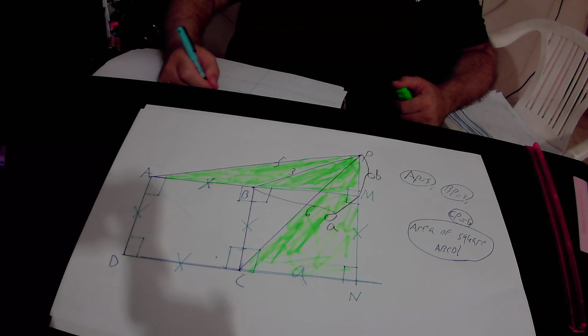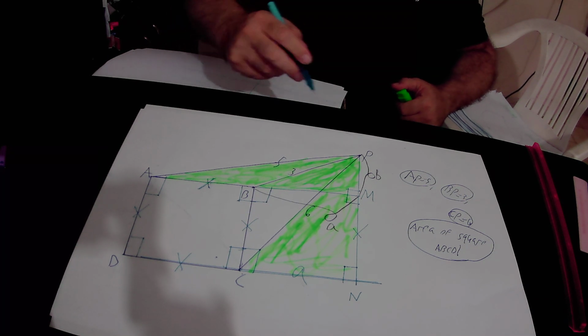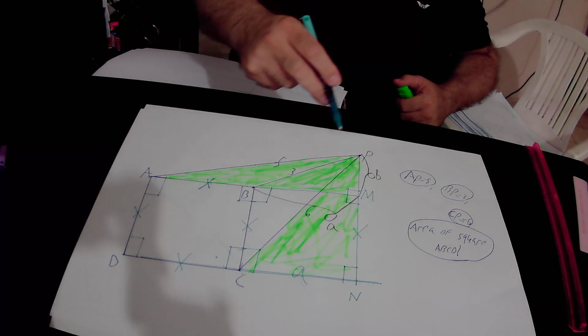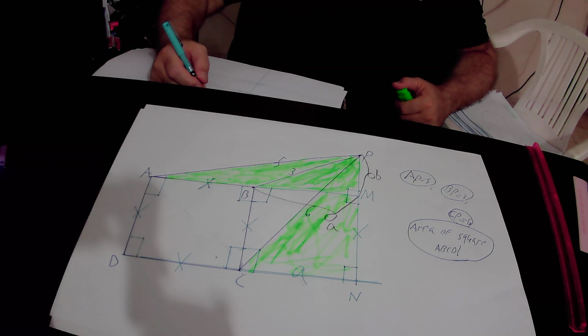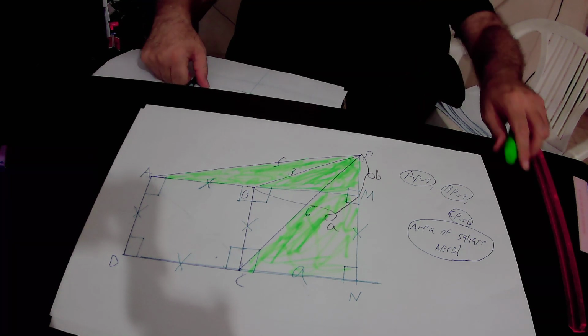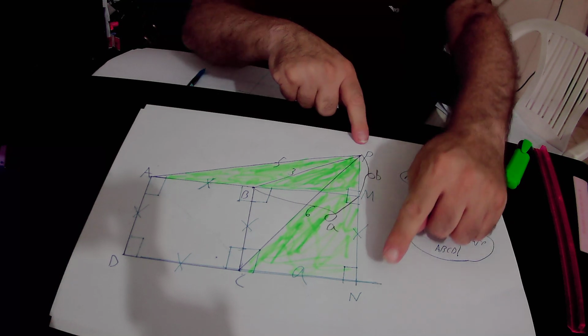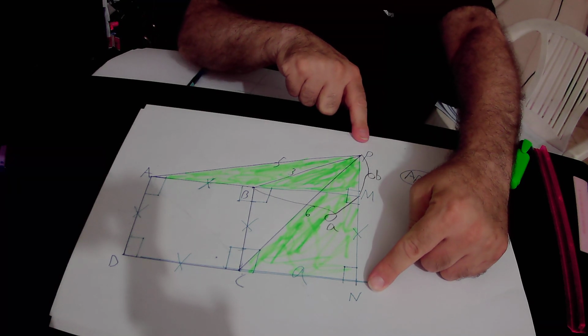The hypotenuse PC equals 6 units according to what is given. Therefore, PC square will be equal to 6 squared, that is 36, and it is equal to PN square. What is the length of PN?